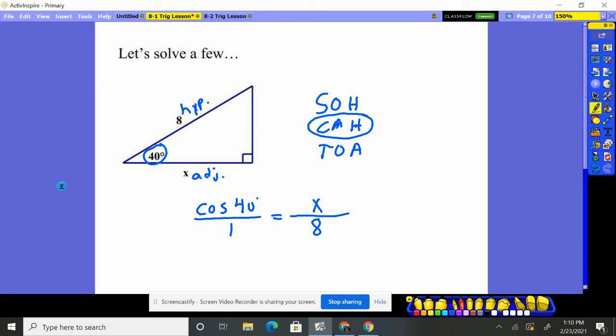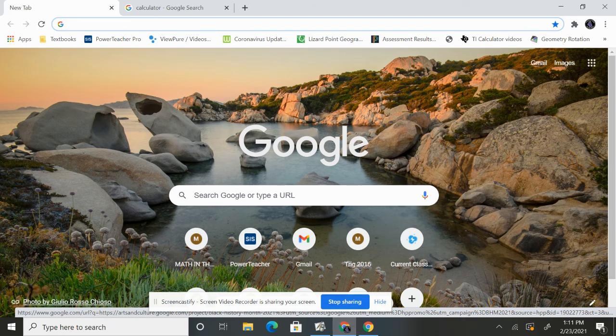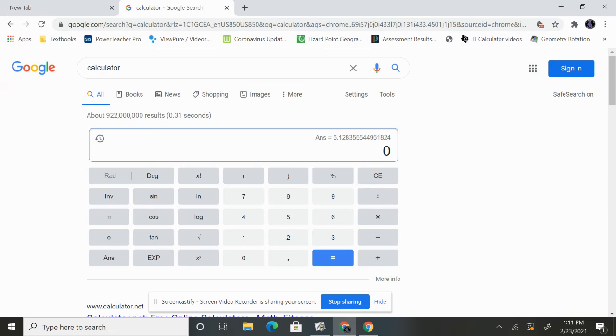Now, with these, we will cross multiply. X times 1, well, that's X, our unknown side, is equal to 8 times the cosine of 40 degrees. We're going to need a calculator for this. I got a calculator here. Notice that this button says radian degree.